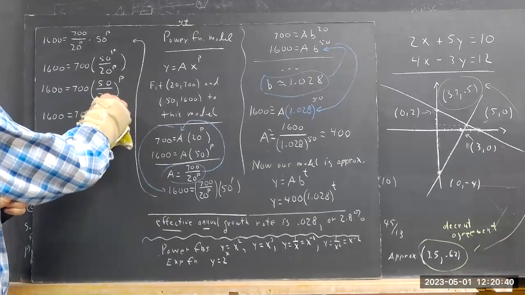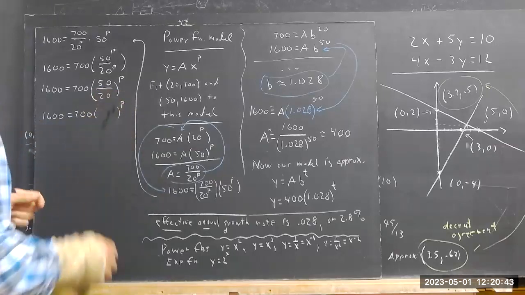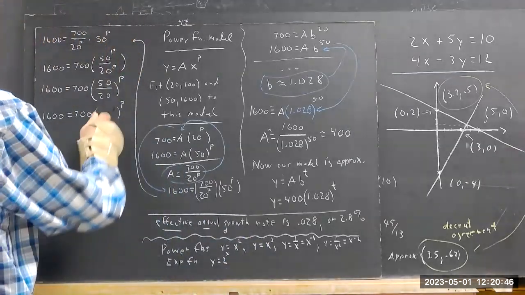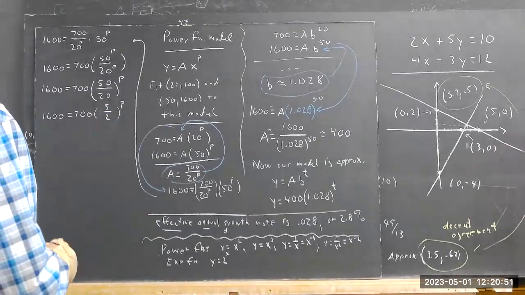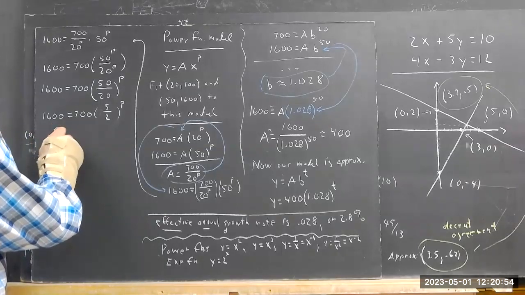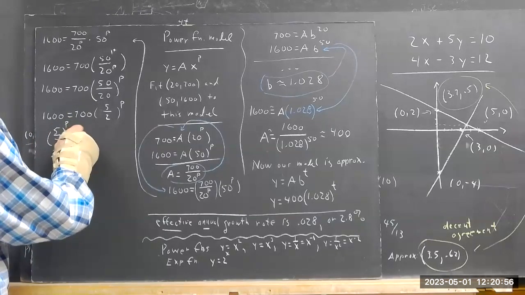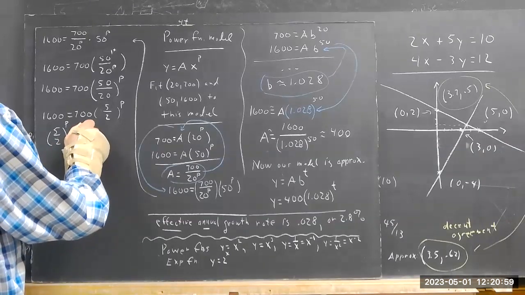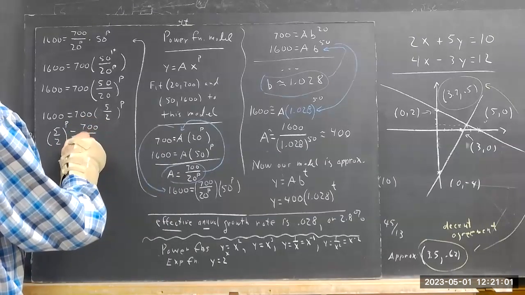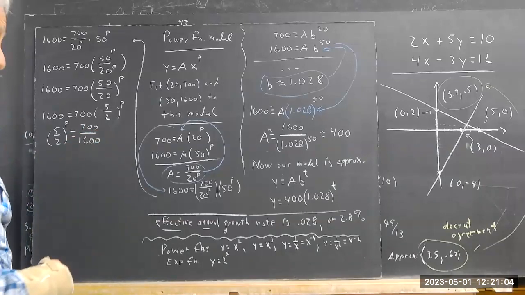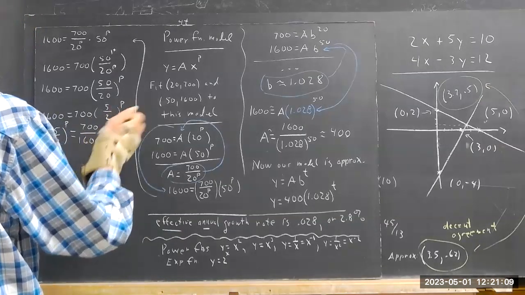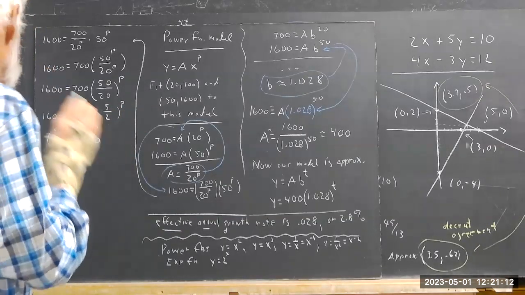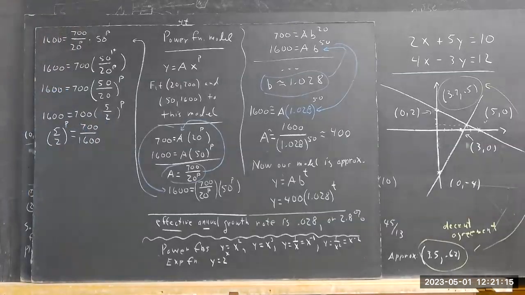Of course, 50 over 20 is the same as 5 halves. So now we can write 5 halves to the p equals 700 over 1600. And that's pretty close to 0.4.